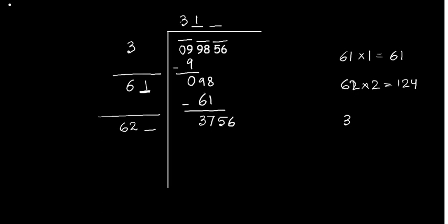Now 625 multiplied by 5 will give us 3125.